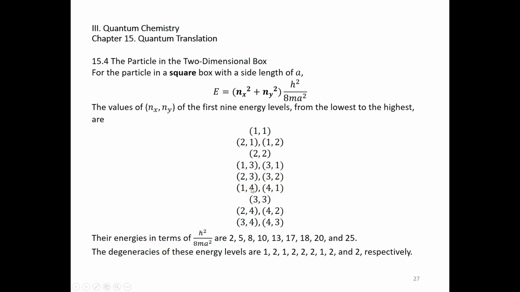Square them, sum it up, you get 17. 3 squared, you get 18. 2 squared, 4 squared, you get 20. 3 squared, 4 squared, you get 25. So the corresponding energies in terms of h squared over 8ma squared are 2, 5, 8, 10, 13, 17, 18, 20, and 25. And also you have the degeneracy 1, 2, 1, 2, 2, 2, 1, 2, 2, respectively.